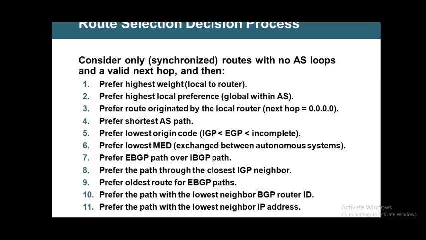If the next hop itself is unreachable, there is no use of going through these 11 attributes. So the very important zeroth attribute that is considered first is the valid next hop.